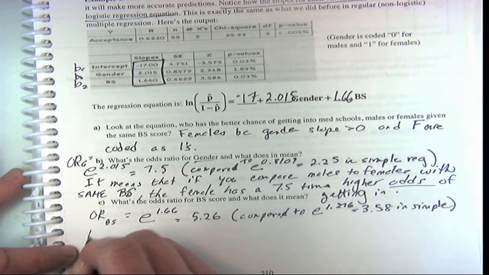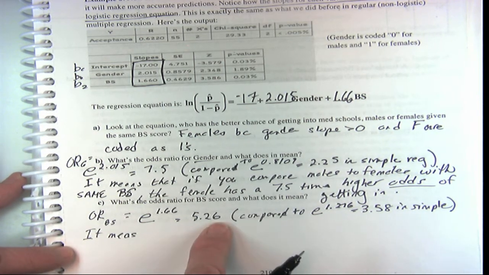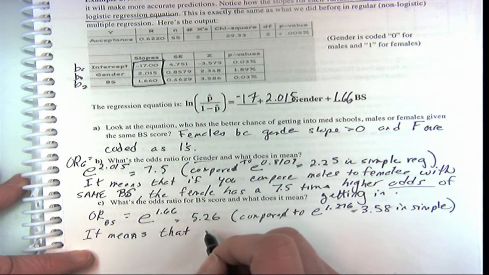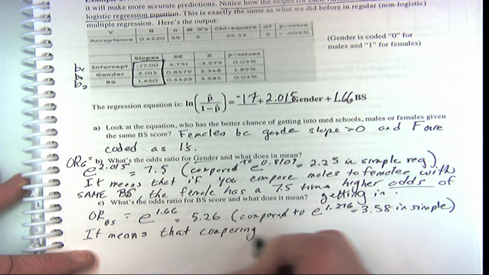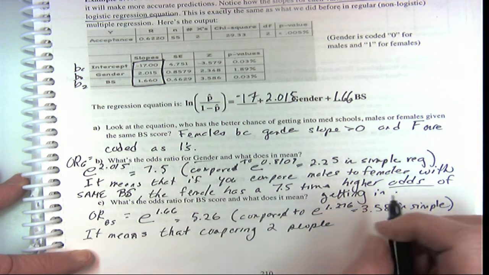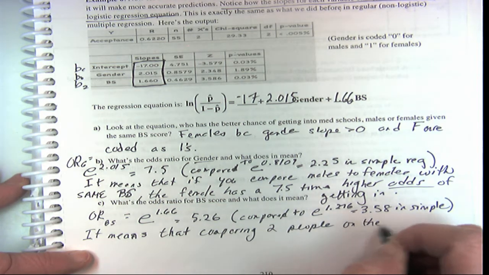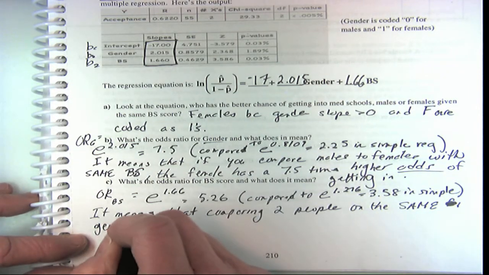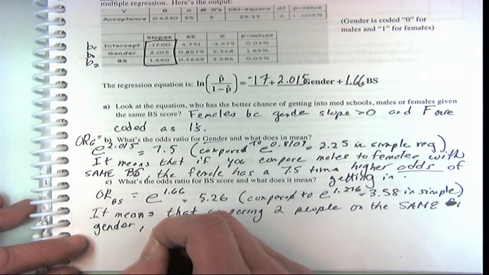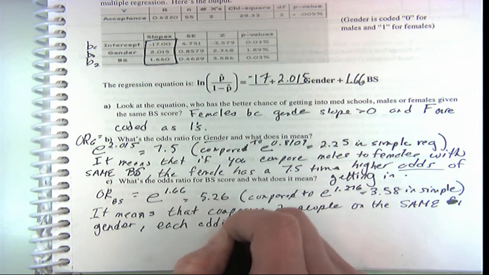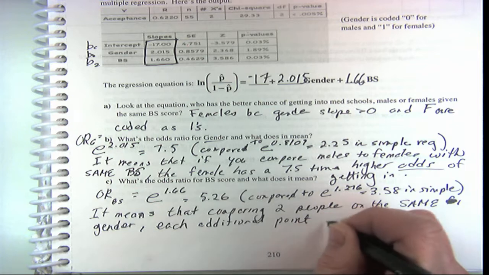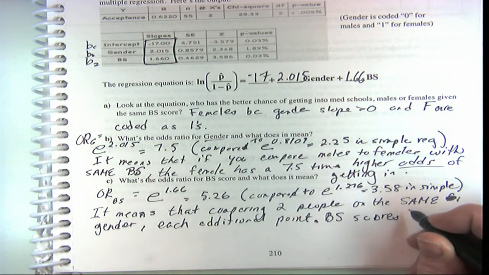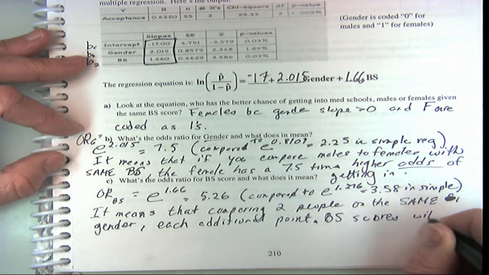And what does it mean? It means that the odds, if you're comparing two people, we're controlling for gender, comparing two people of the same gender, like two males or two females of the same gender, each additional point on the biological science score will multiply the odds by how much?